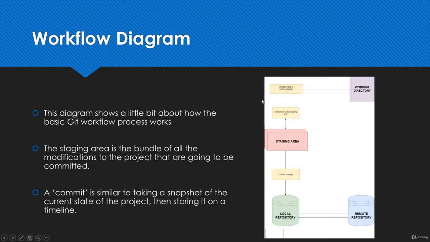Let's just say you made a new file, called it, for example, script.py, a Python script. Let's just say you added this and you wrote some code in that script. So now you want to take a snapshot of it and put it in your source control and say, okay, I made a new file called script.py and I added 10 lines of code to it.